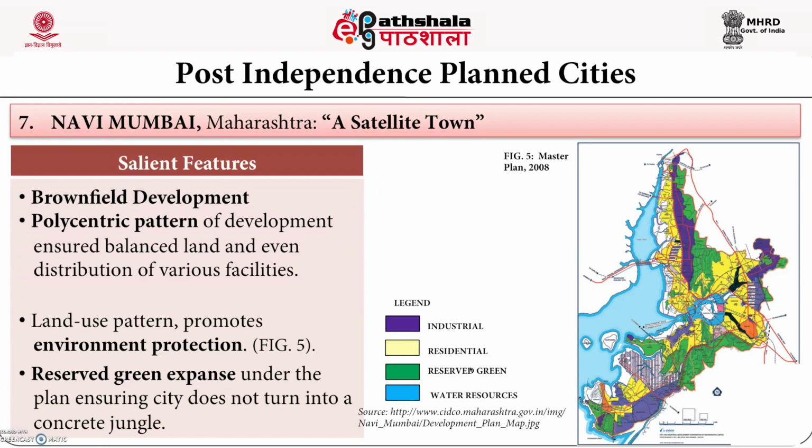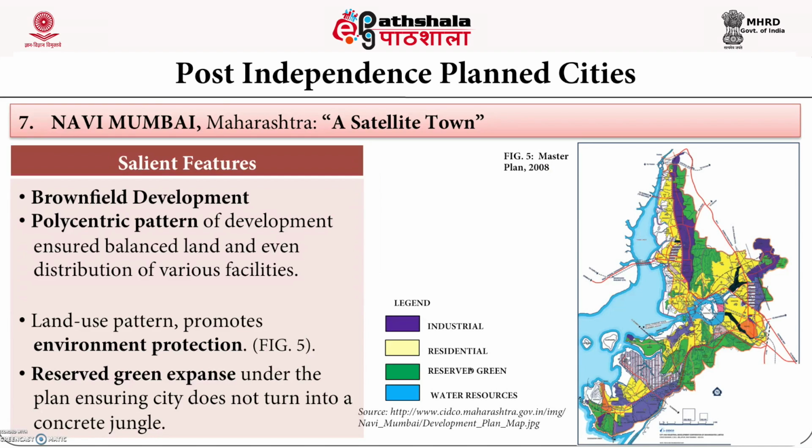As you can see in this drawing, the mainland Mumbai is connected to Navi Mumbai via bridges, because it is across the water body on the eastern side.